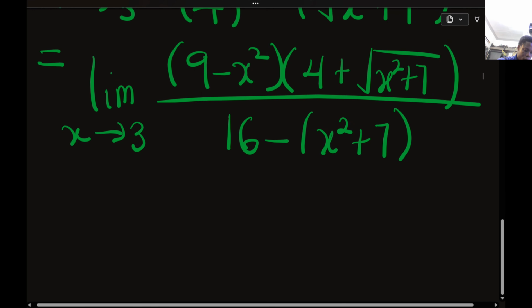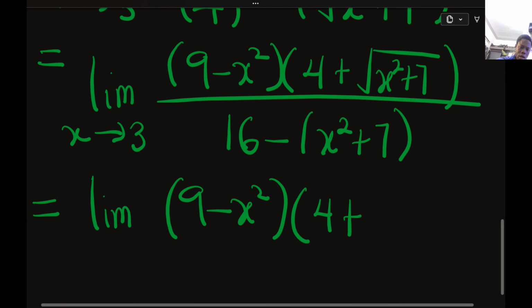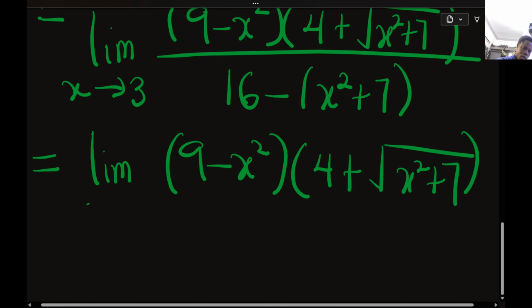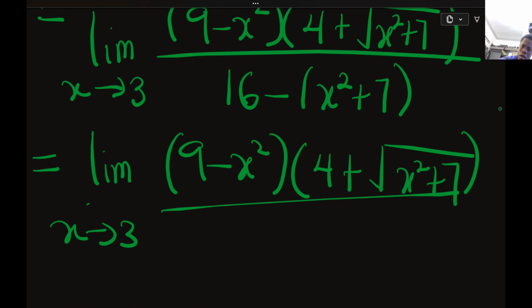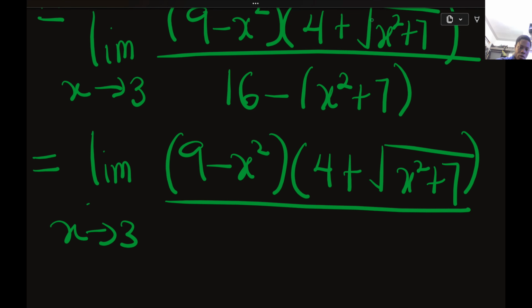So the denominator becomes 16, minus x squared, and minus 7.